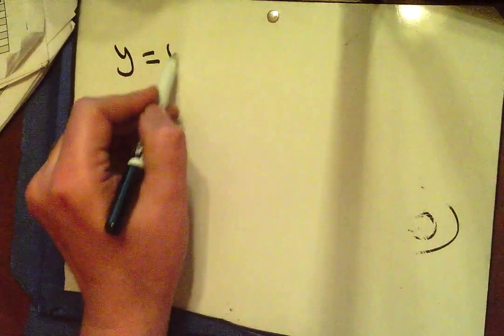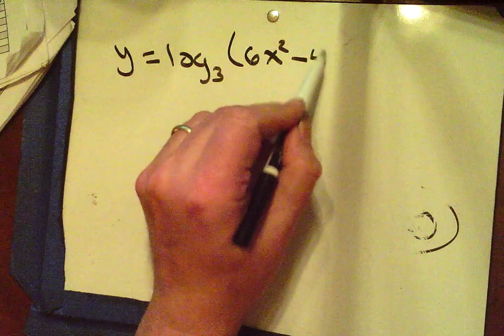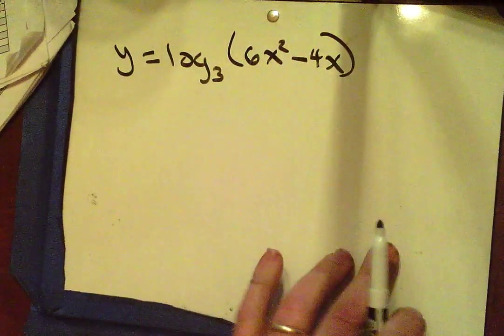Okay, last log one. y equals log base 3 of 6x squared minus 4x. Please find y prime.